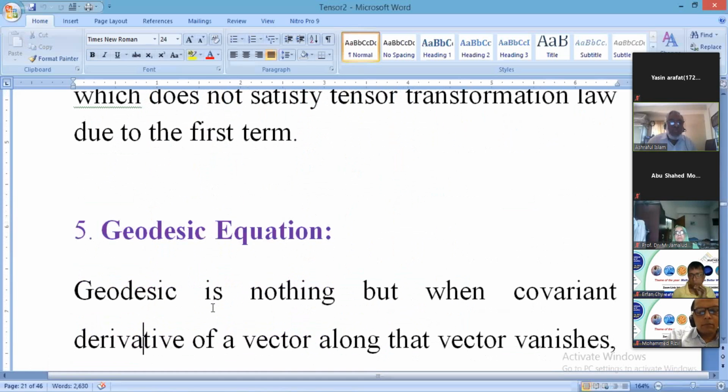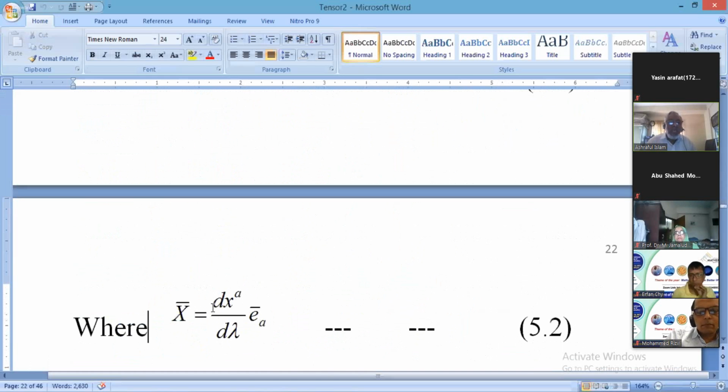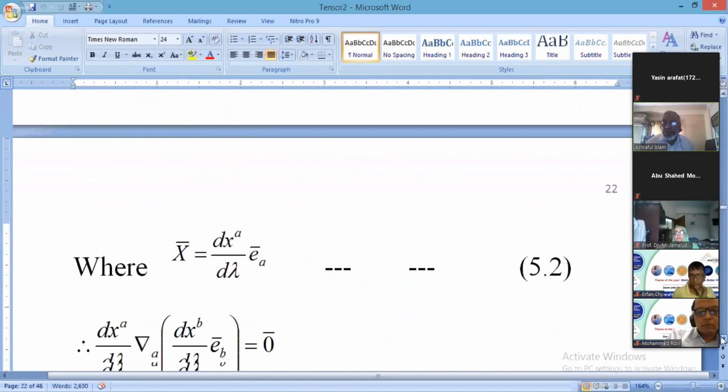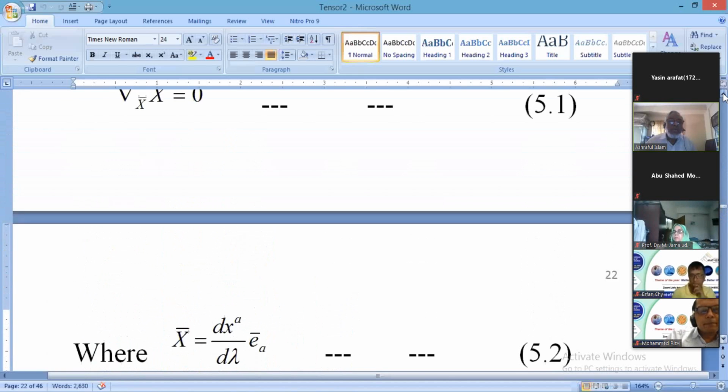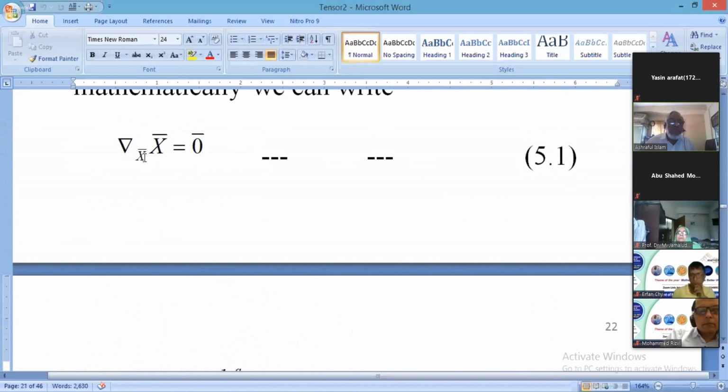Now come to the geodesic equation. Abstractly we can write that if we take a vector in this way, the same vector, same direction, there is no change, so it is 0.